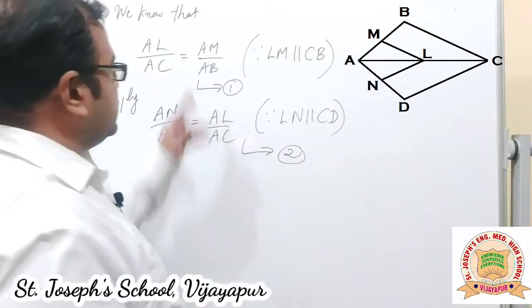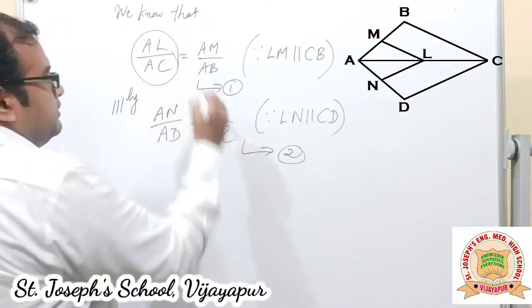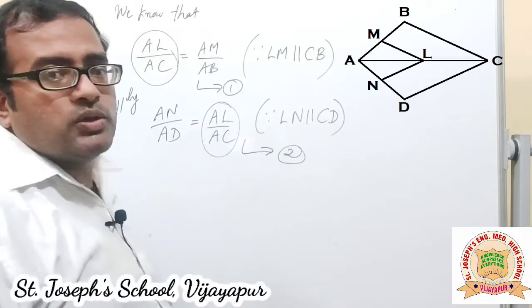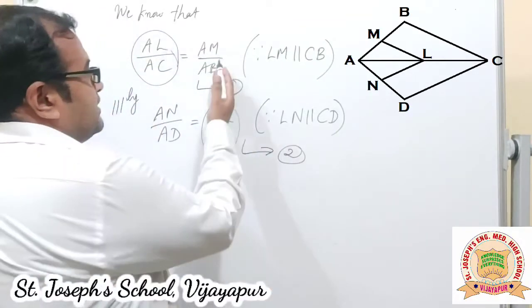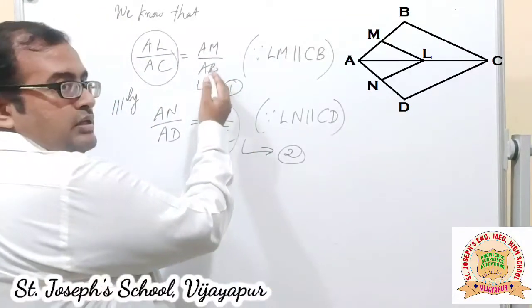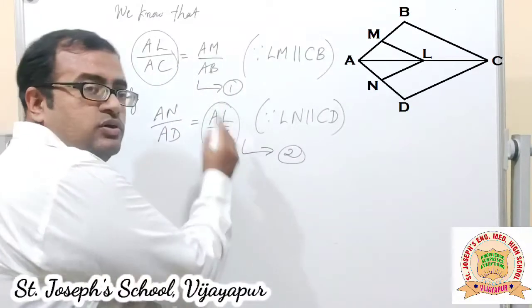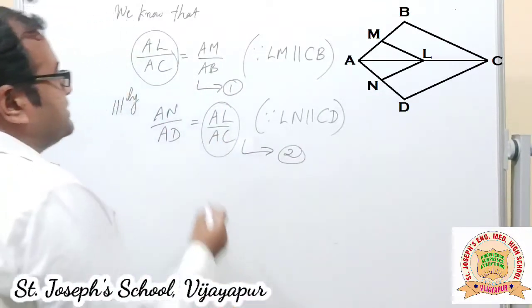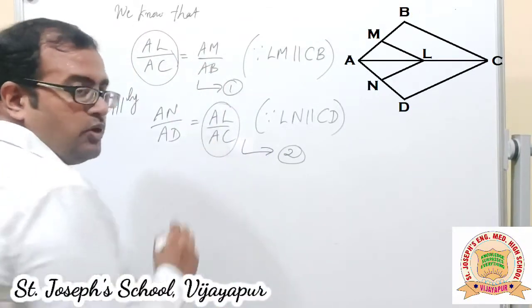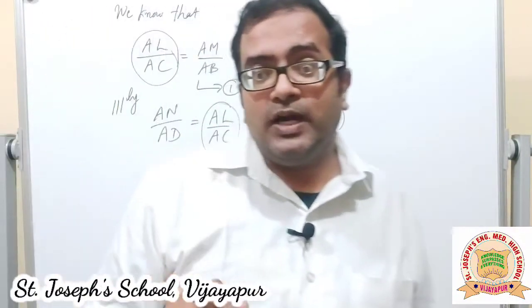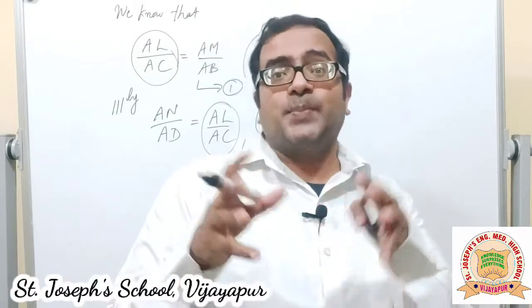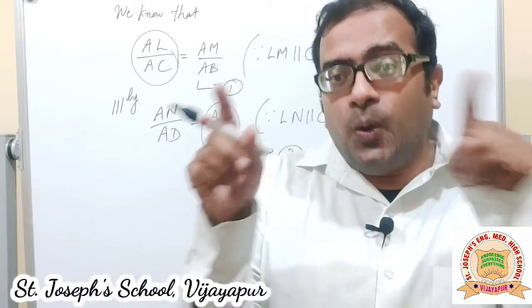Now if you compare equation 1 and 2, look here, isn't something common in both? Yes. The right hand side here is equal to AL by AC. Here the left hand side AN by AD is also equal to AL by AC. Since both of them are equal to AL upon AC, by applying axiom 1, things which are equal to the same thing must be equal to one another.